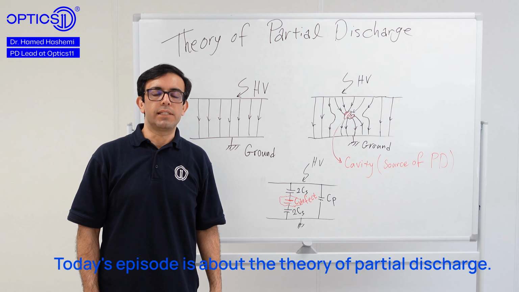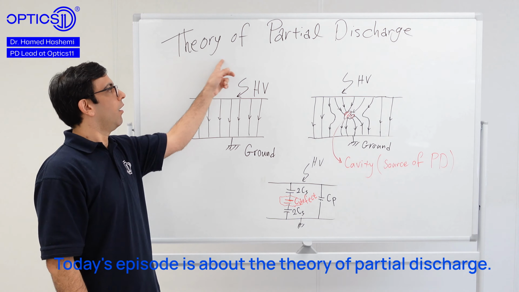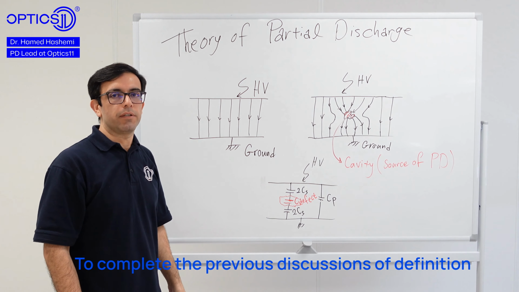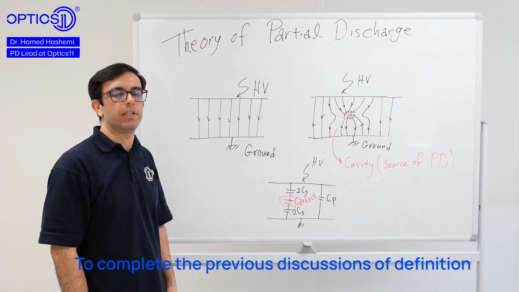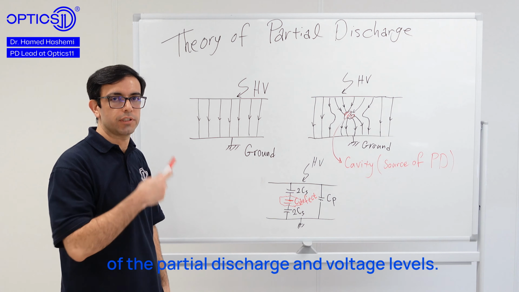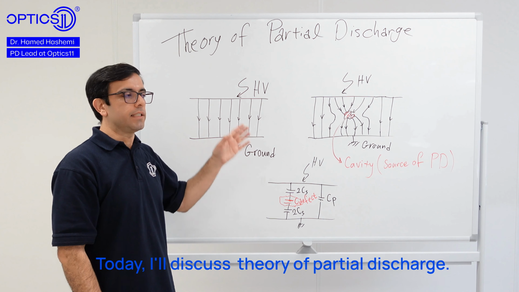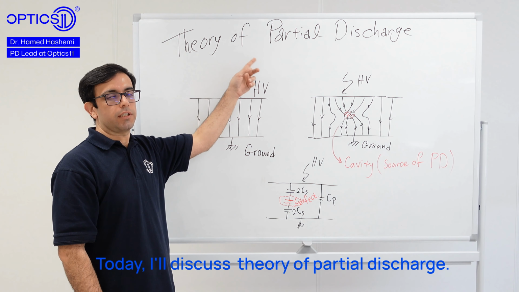Today's episode is about the theory of partial discharge. To complete the previous discussions of the definition of partial discharge and voltage levels, today I discuss the theory of partial discharge.